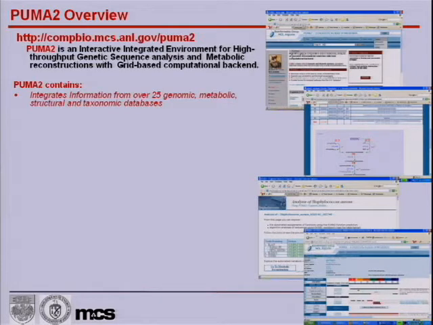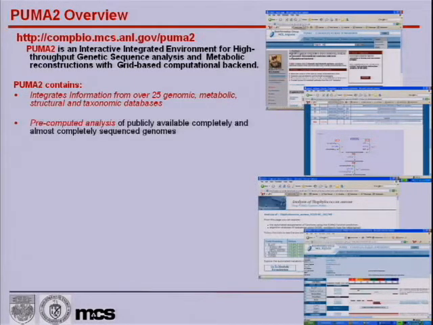So it integrates information from over 25 genomic, metabolic, structural, and taxonomic databases. We are taking all sequence data that is available in the public domain from NCBI, UniProt, PIR, and we're integrating it in one environment.